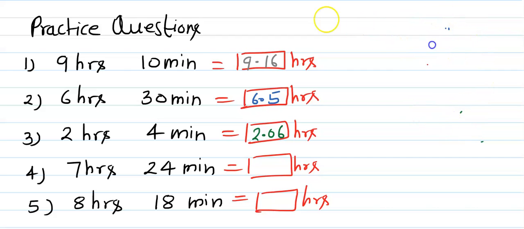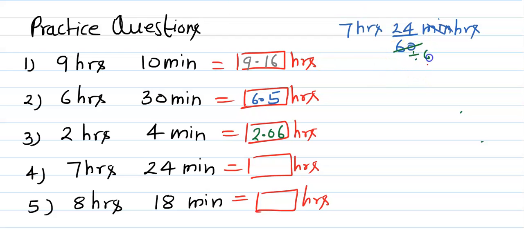Okay, now the next question. It is 7 hours 24 minutes. So let's write down here 7 hours 24 minutes. Okay, so 24 divided by 60, so it has converted into hours. So can we make 10 in the denominator here?